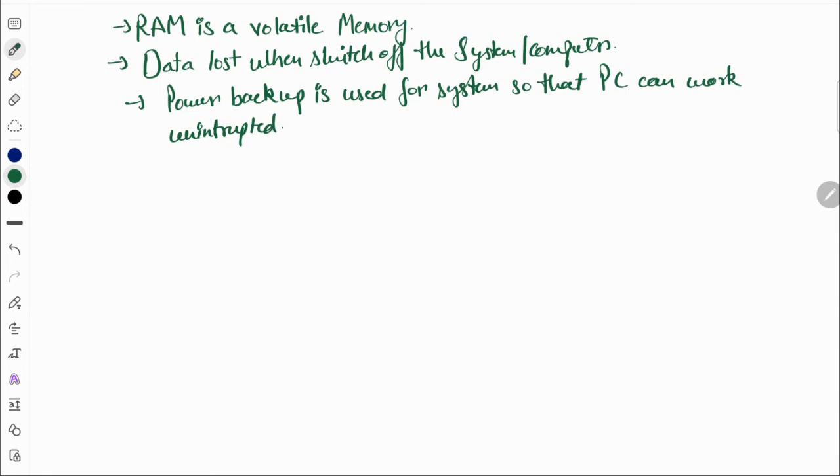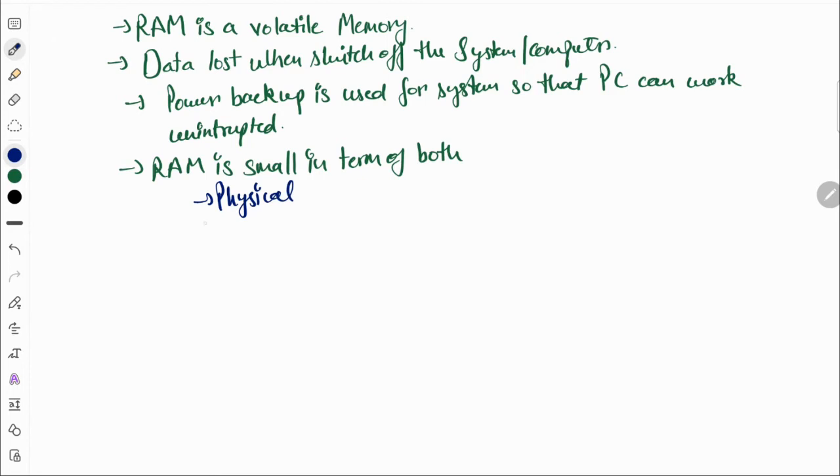RAM is small in terms of both physical and logical size. Two types of RAM are available.